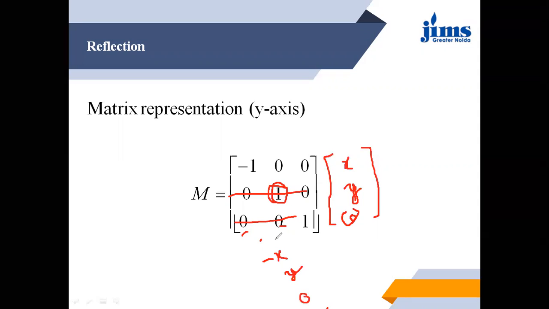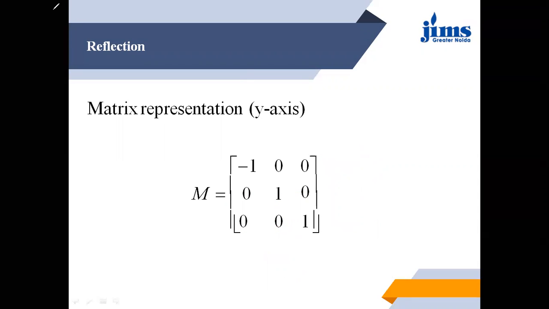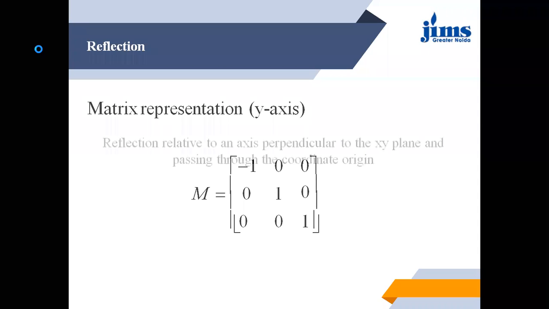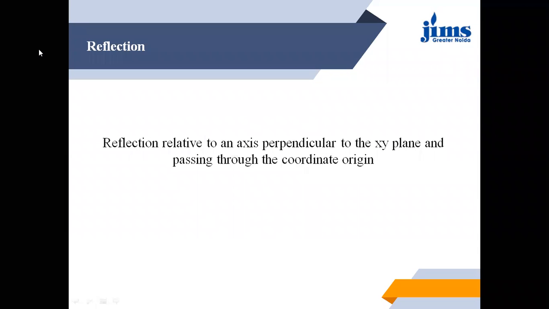So from here we can see that the value of x is going to be changed from plus x to minus x. This is in the case of the y axis, meaning reflection with respect to the y axis.